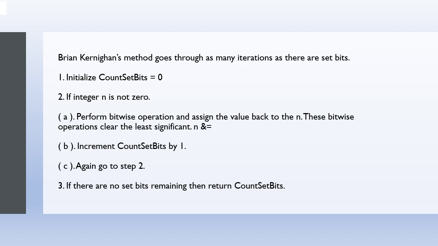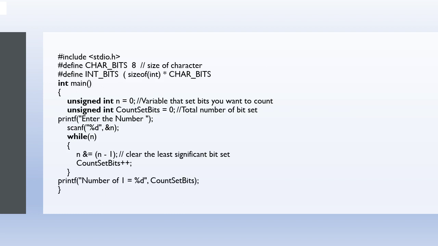Increment count set bits by 1. Again go to step 2 and come back. If there are no set bits remaining, then return count set bits. We'll see that, so just start writing the code.